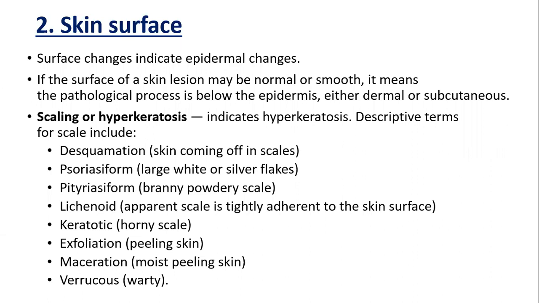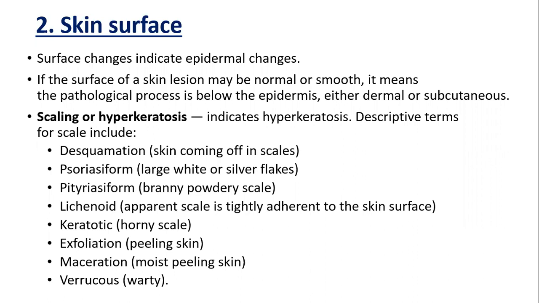They can be psoriasiform scales. They can be pityriasiform scales. The lesion can be lichenoid, in which there are no true scales, but rather Wickham striae are seen. And if you try to remove the scales by means of a tongue depressor, you won't be able to do it. Then keratotic scales, usually seen in keratotic disorders, keratodermas.